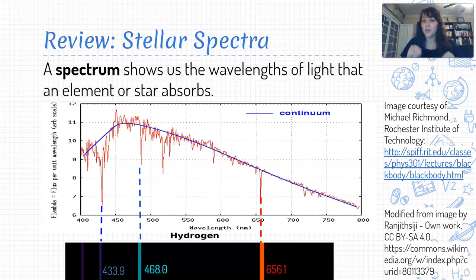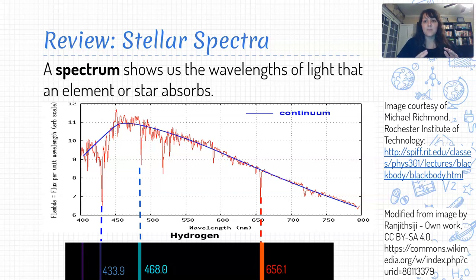And similarly, stars have their own absorption spectra. There are wavelengths that are mysteriously absent from the light that they are emitting and sending over to us. And so we can figure out the composition of a star by matching up the special wavelengths, the spectra of individual elements, with the spectra of the stars. And where we see matches, that's an indication that that star contains that particular element.